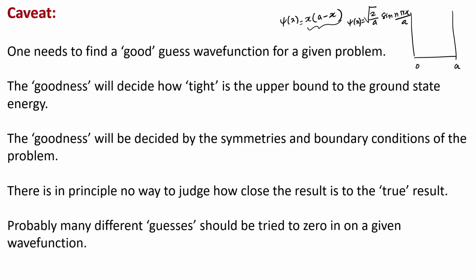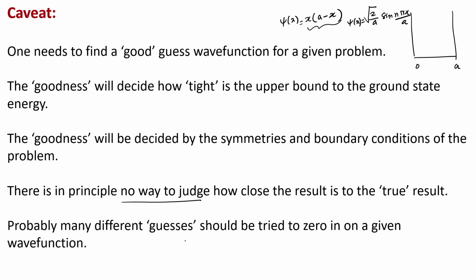So, there is really no way to judge how close this result is to the true result. Like if you use this wave function and calculate the ground state energy by operating it with the Hamiltonian and then calculating the expectation value of energy, it is not very clear whether this will give a better estimate to the ground state energy, which is given by pi square h cross square by 2 m a square, or something else will give a better estimate.